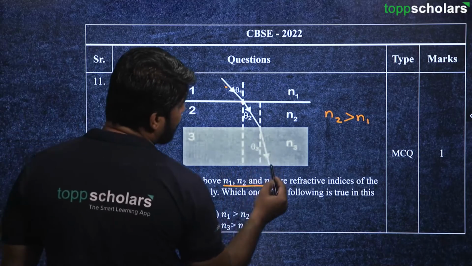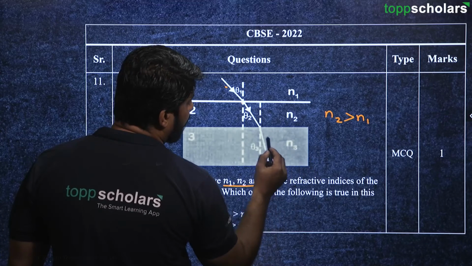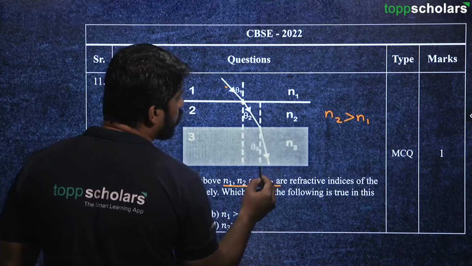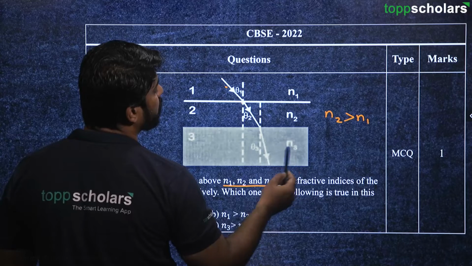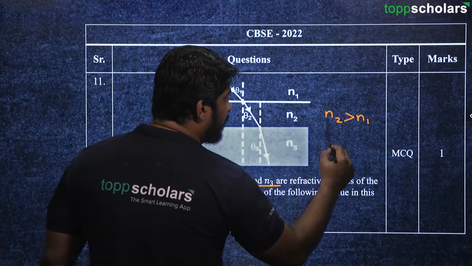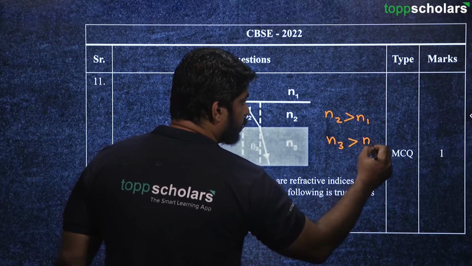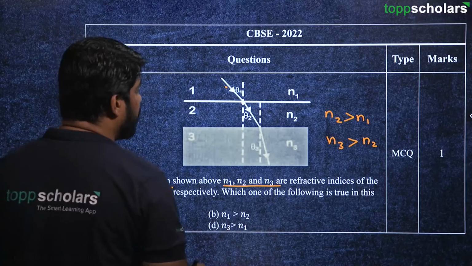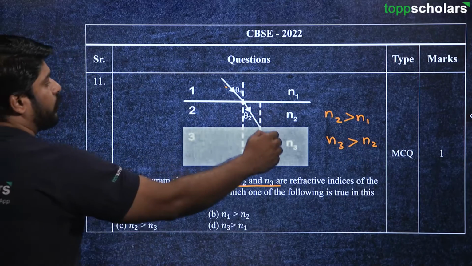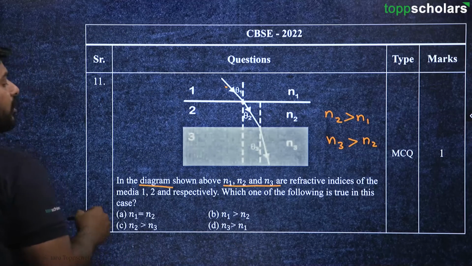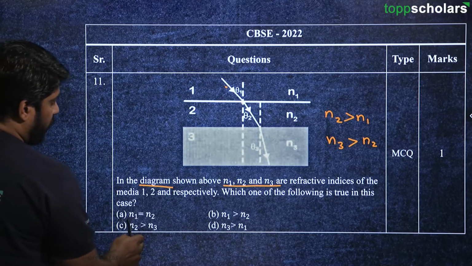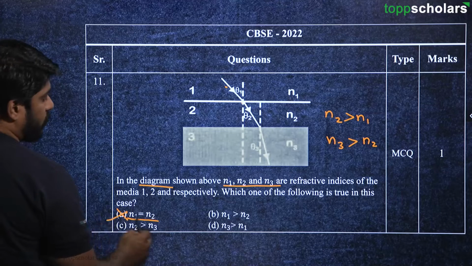And again we can see here that when it travels from 2 to 3, then again it is bending towards the normal. That means N3 has to be greater than N2, isn't it? So that means over here, using these two conditions, we can write the correct answer, right? So N1 is equal to N2, that is wrong.